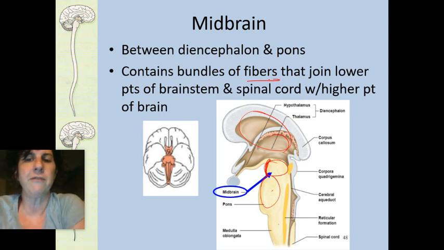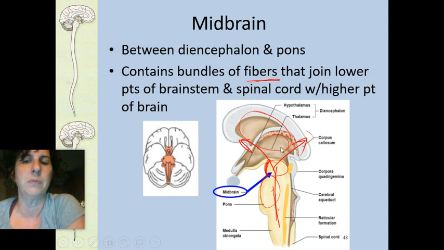It does have fibers that join the lower portions of this to the upper portions. So once again, a lot of what's going on in here, they have their own jobs in their own right, but a lot of what they do is kind of direct activity. As information comes up from the spinal cord, these things connect to the brain itself and then direct where this stuff needs to go.